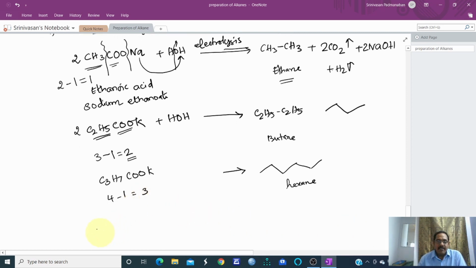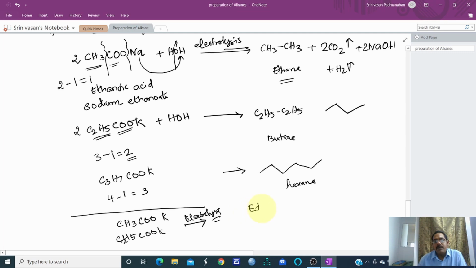But even as in the Wurtz reaction, if you take two different salts, say CH3COOK and another one, C2H5COOK, potassium propionate, and go for electrolysis, again mixtures will be formed. The acetate with acetate forms ethane.